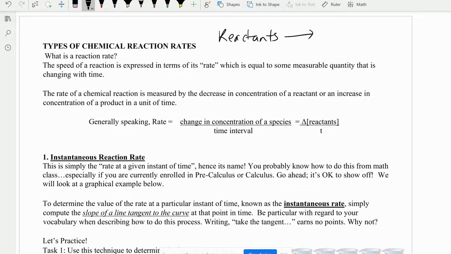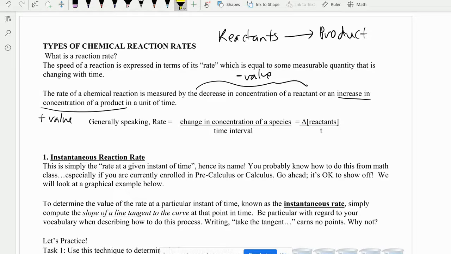And as soon as we hit the start button, if you will, we start to have product formation. So as reactants decrease in concentration, products are going to simultaneously increase, okay? When a reactant decreases, we'll generally get some type of negative value when we do instantaneous rate. And when you have an increase in the concentration of products, you're going to get a positive value. You will see that here in just a second with our calculations.